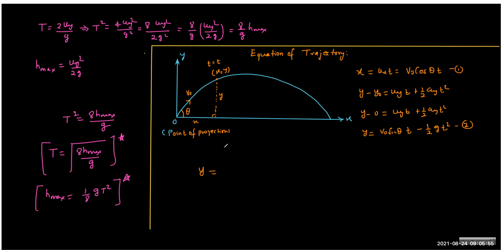So it is x tan theta minus g x square upon 2 v naught square cos square theta. So this is the equation of y versus x, and you can see the coefficient of x square is negative, and therefore it is an inverted parabola.